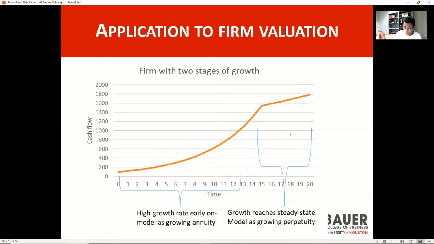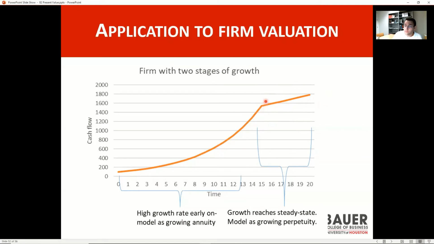Just like we move the annuity through time, one thing you would want to do with this company is to move this growing perpetuity back to time zero. Right? If I'm trying to figure out what's the present value of Starbucks sitting in the year 2005, I say, well, it's going to grow very fast for 15 years, and then it's going to grow kind of more slowly thereafter.